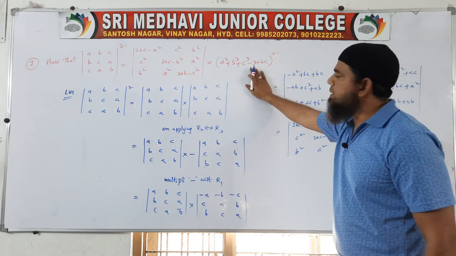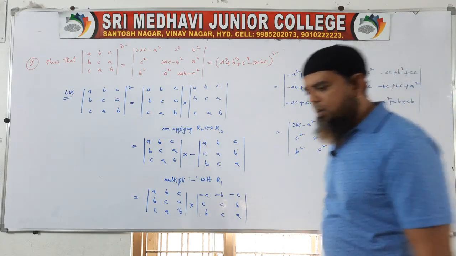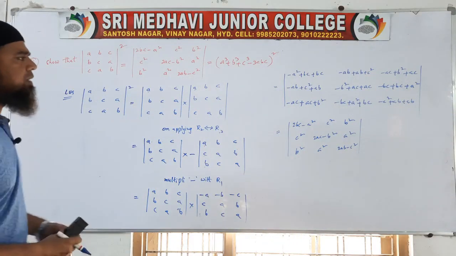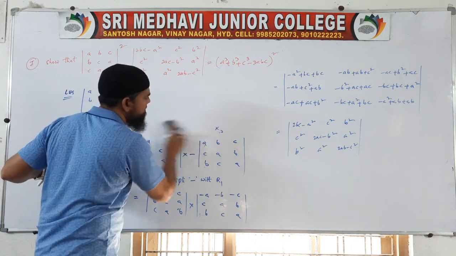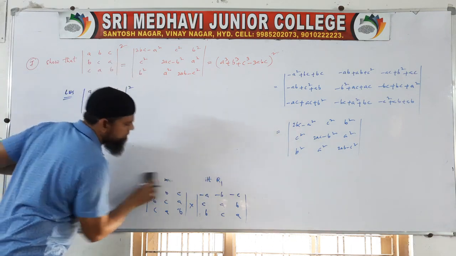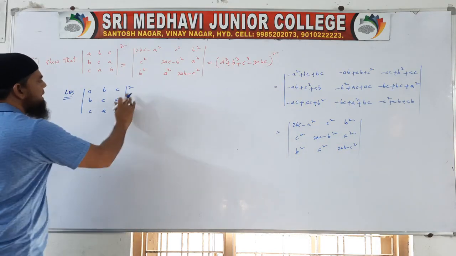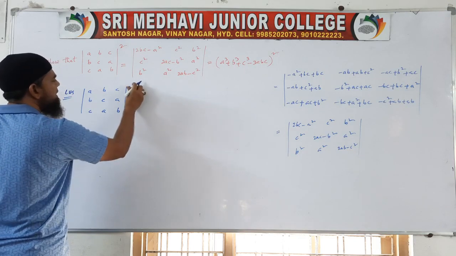Now we have to show this one. Very simple. Again we have to write LHS. Now one answer is over, so again we have to write LHS. Square is there for LHS, but we are not taking square here.